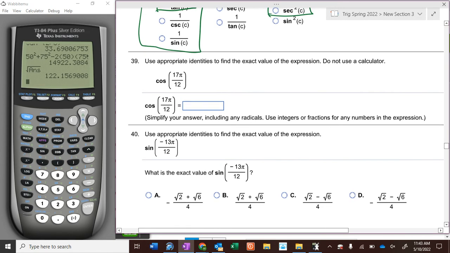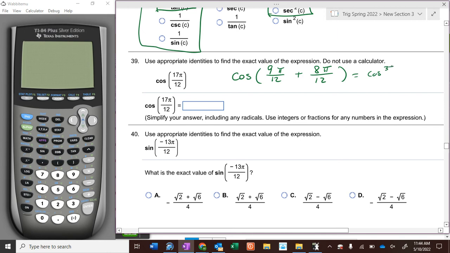All right. Cosine of 17 pi over 12. What two things add up to be 17 pi over 12? What over 12 plus what over 12? 9 and 8, which is the cosine of 3 pi over 4 plus 2 pi over 3.